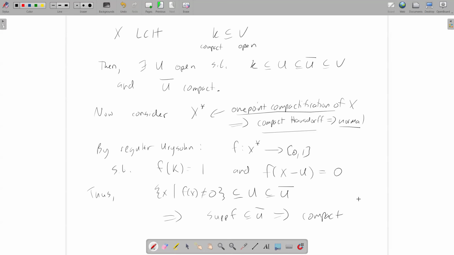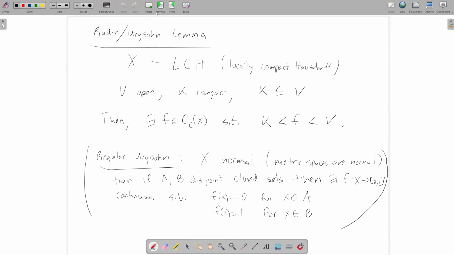Okay, and then we can easily observe. So remember what we wanted from all this, right? We wanted the function to be 1 on K, and we wanted it to have support contained in V. Remember, those are the conditions we wanted, right?